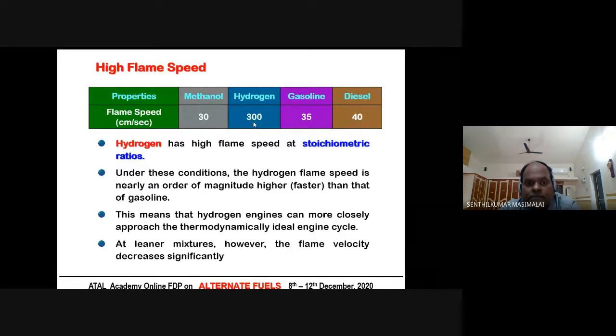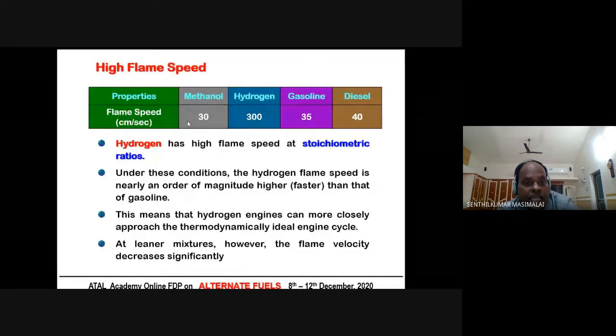See, widest flammability limit, lowest ignition energy, highest flame speed, highest energy content. Hydrogen has unique properties, very attractive. At the same time, the unique properties are very dangerous.